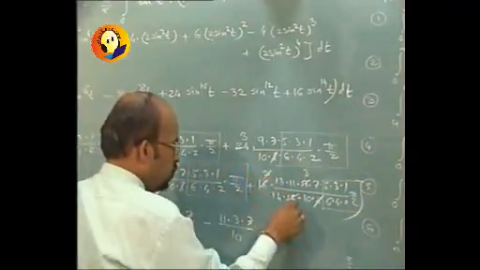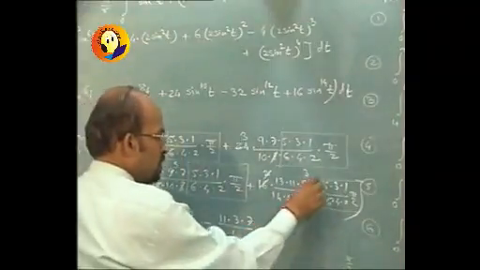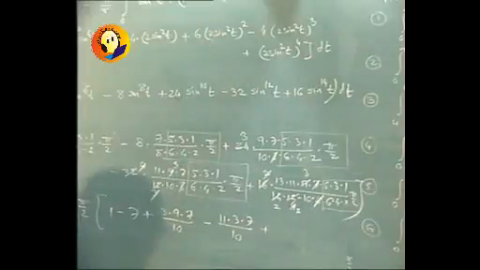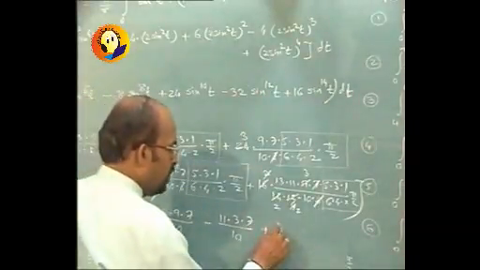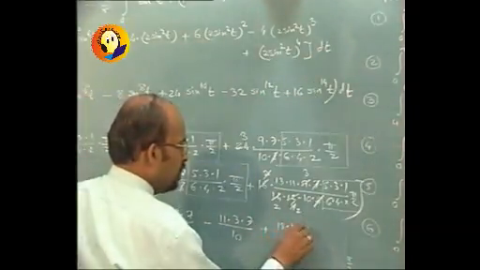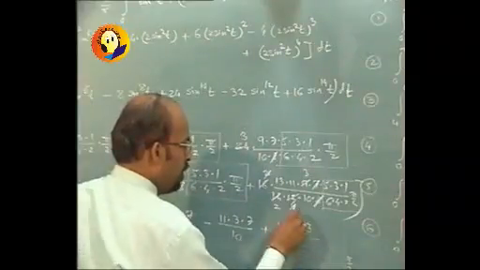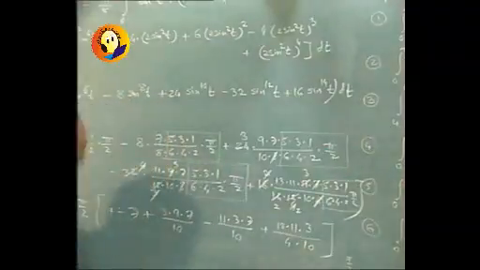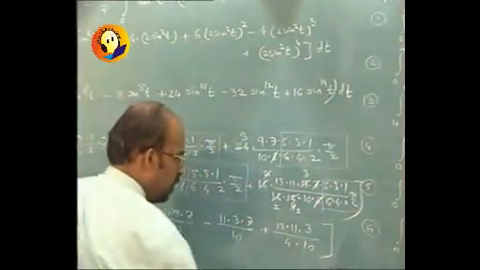This is 2, 2. This is 7, 2. And no more simplification is possible. It will be 13 into 11 into 3 divided by, it will be 4 into 10. This is the simplification that we are looking for.